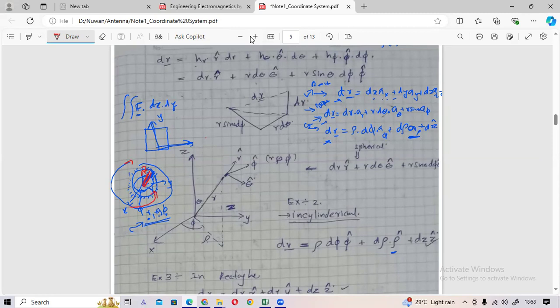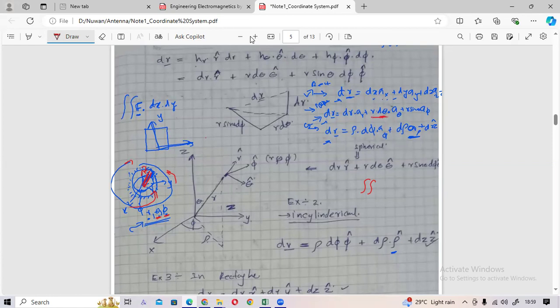That is with respect to theta and phi, no? If you need to find the surface integration of a sphere, you need to evaluate it with respect to d theta.